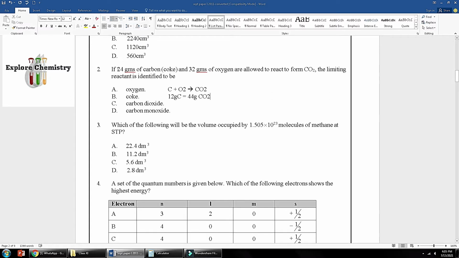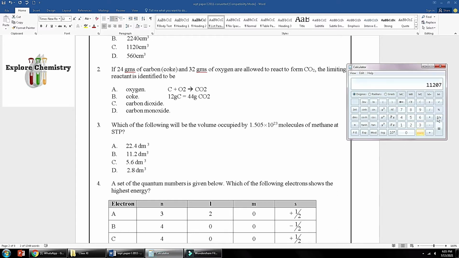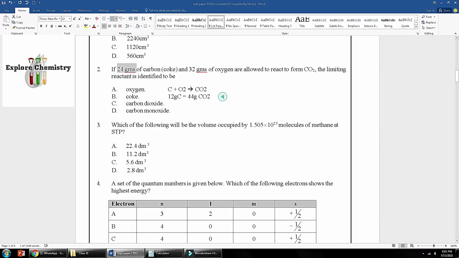So according to the question, 24 grams will produce, here we need to do unitary method calculations: 44 divided by 12 multiplied by 24, which is given in the question, so you will get 88 grams. So from 24 grams of carbon you will get 88 grams of carbon dioxide.